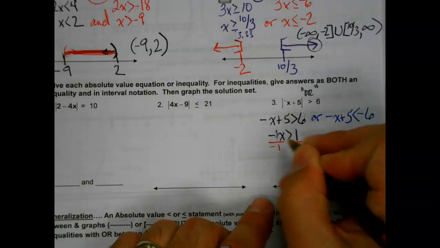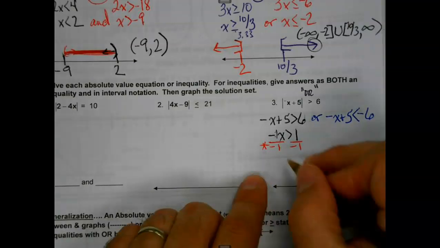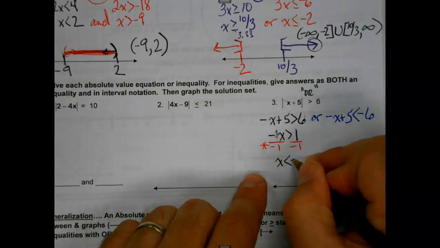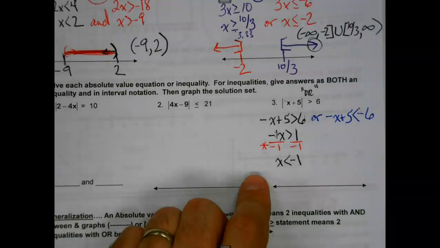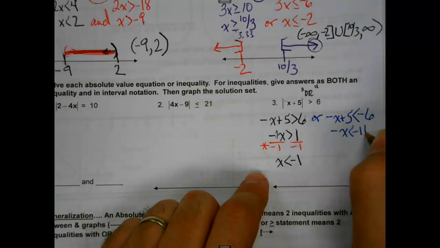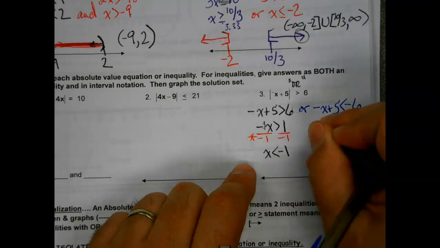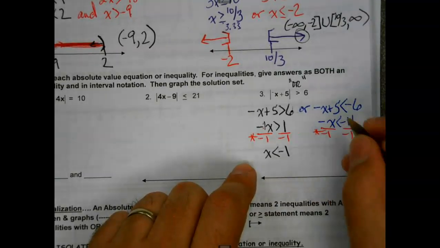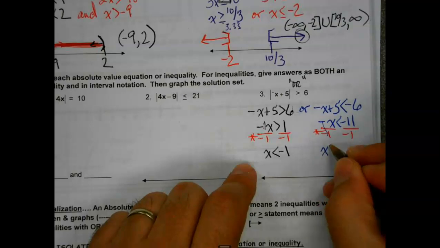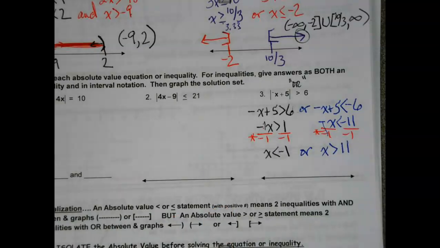That negative is still there, and we know what happens now. Divide both sides by a negative. You've got to flip the inequality arrow. And if I got to do it on one of them, I'm going to have to do it on both. Because again, I know what this should look like.